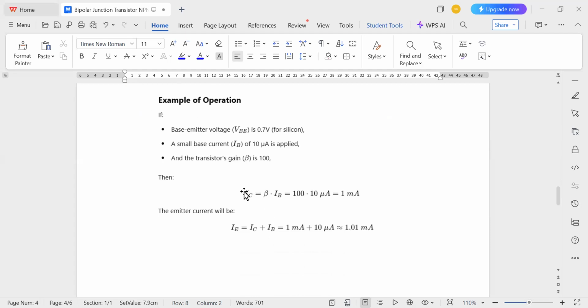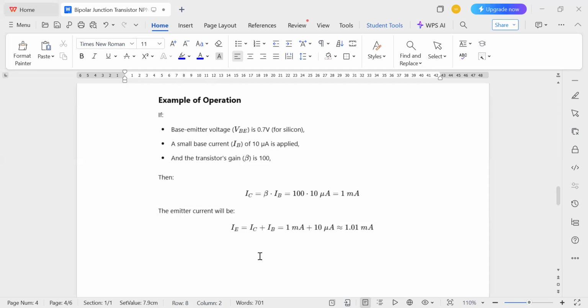In a bipolar NPN transistor, the beta value ranges from 50 to 200. Here in this example, we have considered beta equal to 100.